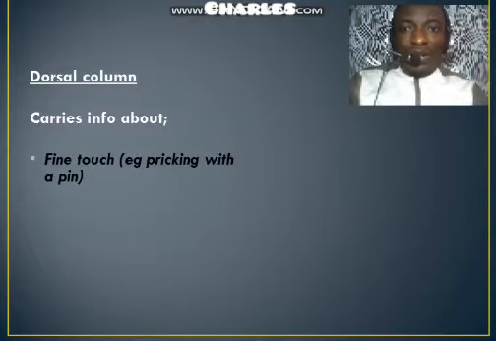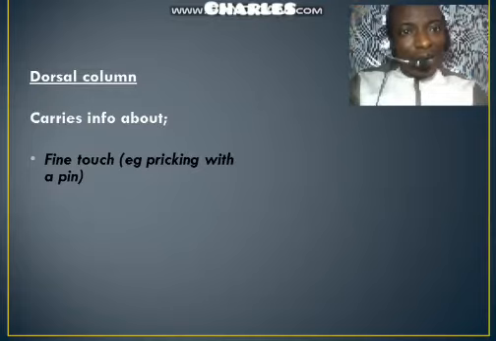An example is like pricking someone with a pin, or when you have a knife cut. These types of sensations are well localized in the brain, and that is why whenever you have an accident, you'll be able to pinpoint where you are having pains, maybe from injured tissues, cuts.